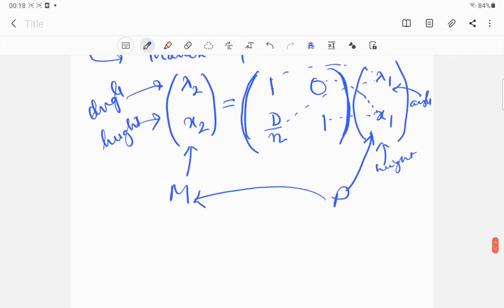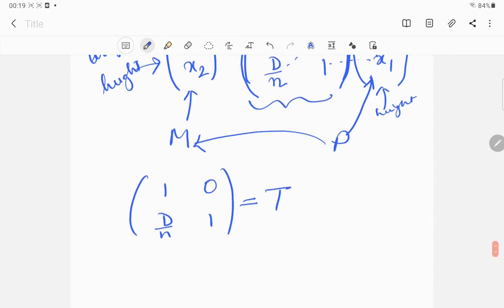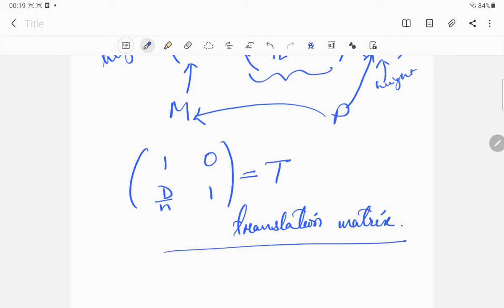So this is given by this matrix. So 1 0 d by n 1, this is basically called tau, or you can write down as t also. Okay, I will write it as t simply. Okay, this is called t and this is called translation matrix.